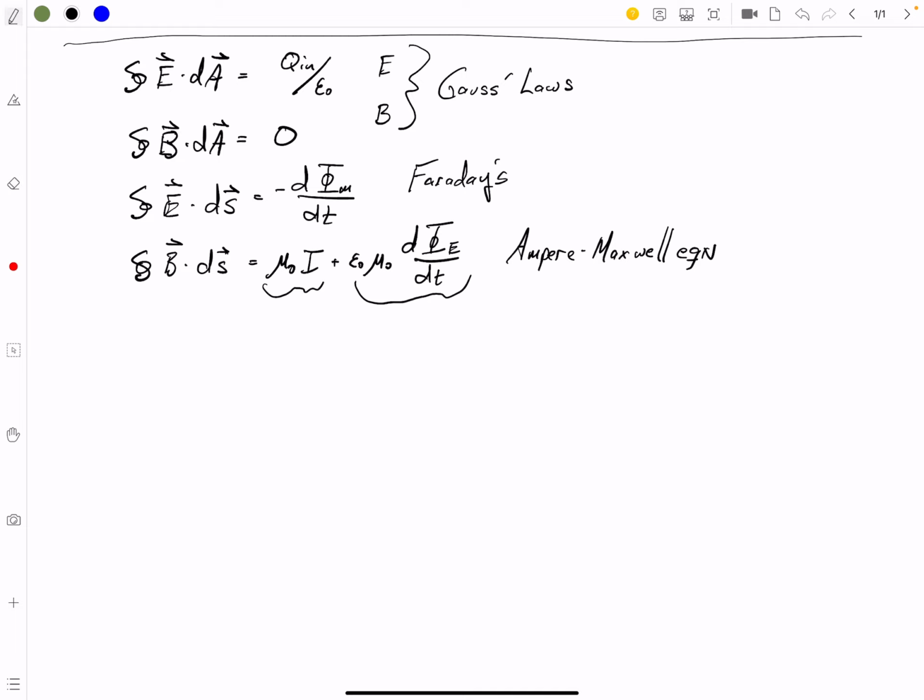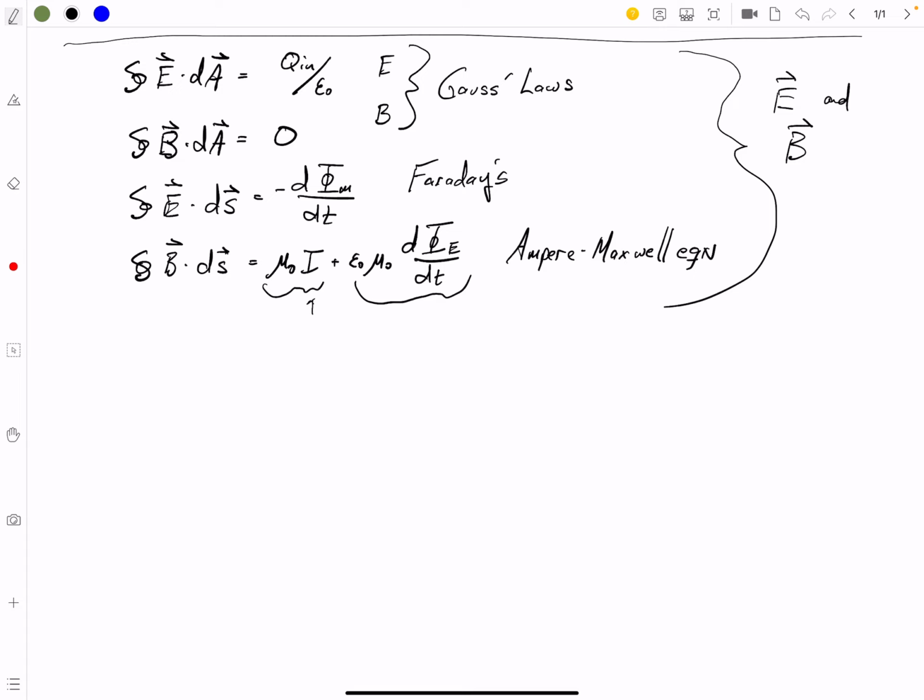So we've got these equations. These field equations describe E and M completely. We've got everything we need to know, and these allow us to find E and B, given all the things that we know about the situation.